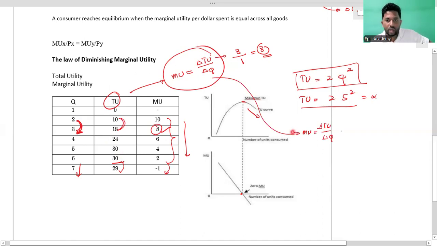So then you can utilize the statistical derivative functions. I'm going to change that total utility function into marginal utility.